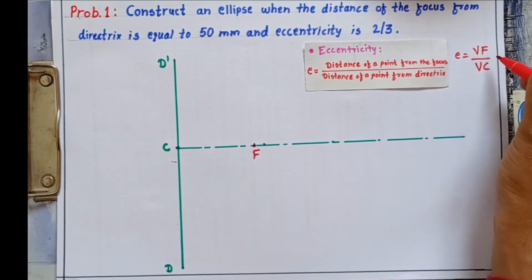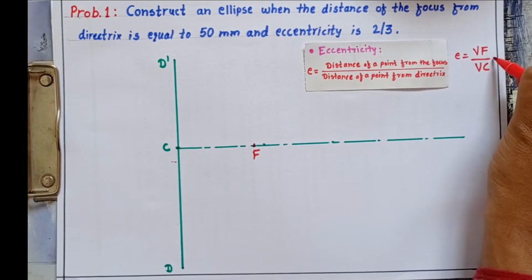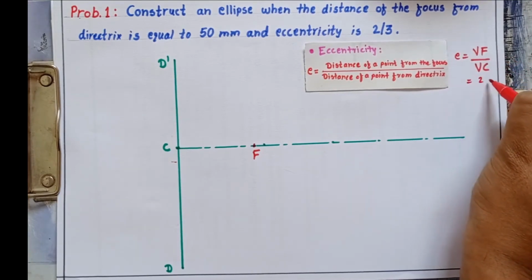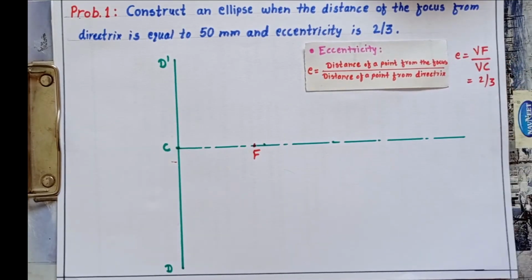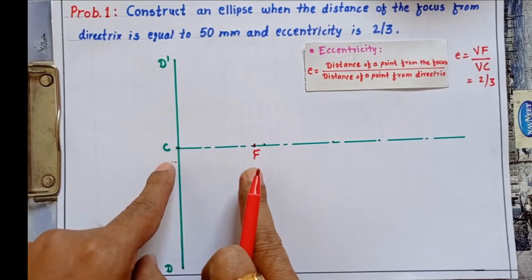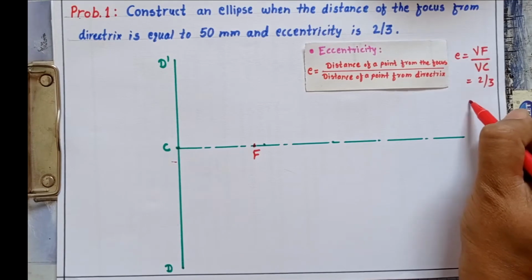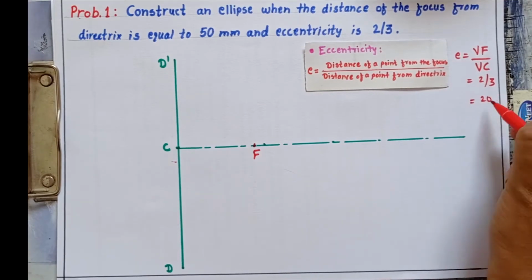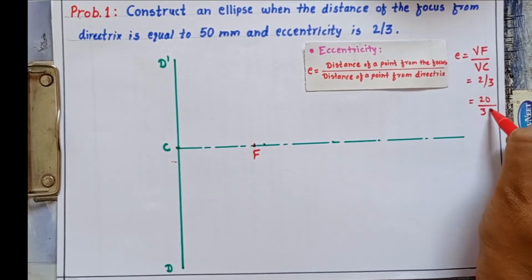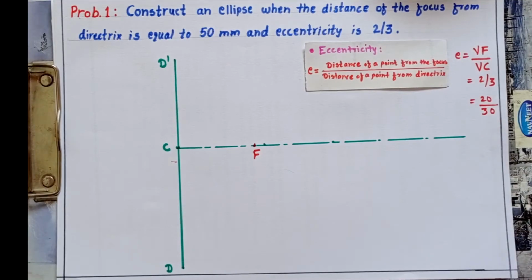So this eccentricity we have to put over here with this ratio. The eccentricity Vf upon Vc in this case is given as 2 by 3, and we have to satisfy the dimension Cf equal to 50 mm. So ultimately Vf upon Vc becomes 20 by 30, isn't it? Yes.